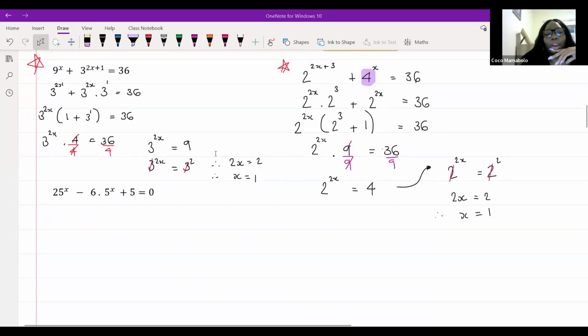I'm here for it. All right, let's look at this next question over here because this one is a proper NB. It's a hard one. All right, because what we're going to note is if we change 25 to the power of x to 5 to the power of 2x, 5 to the power of 2x minus 6 times 5 to the power of x plus 5 is equal to 0. We're going to notice here that we do not have an HCF. In fact, even if we did have an HCF, we would still have a problem because this is 5 to the power of 2x, and that one is 5 to the power of x.